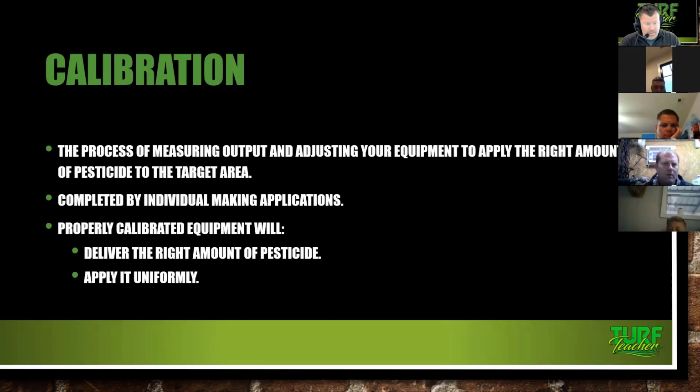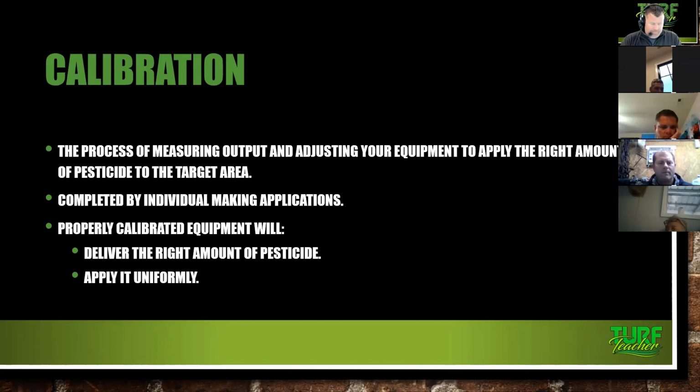You might have an employee that is 6'5", and another employee that could be 5'2". They do not need to calibrate each other's equipment. The taller individual is going to be walking a lot faster. The shorter individual, even though he might be humping it out there, it's still not going to be the same. So the individual running the equipment needs to calibrate it. Properly calibrated equipment will deliver the right amount and will apply it uniformly.